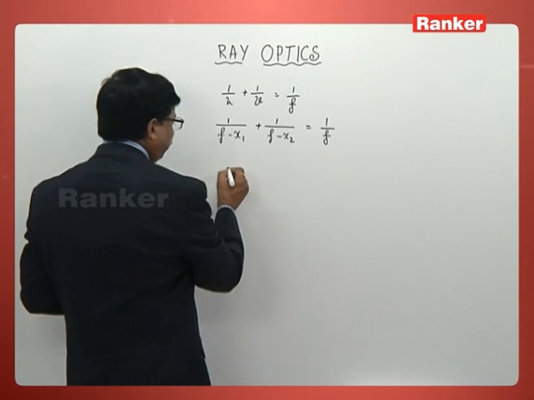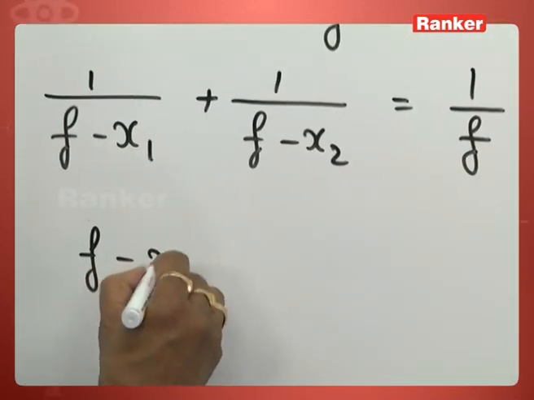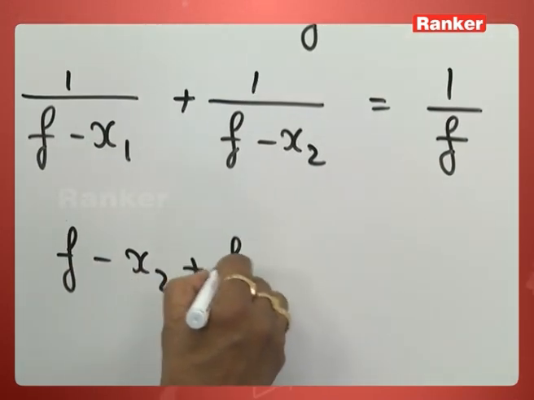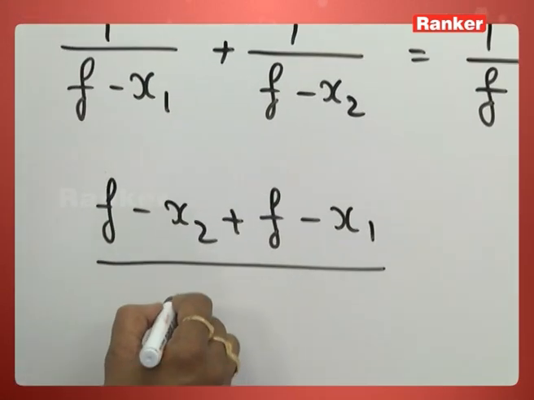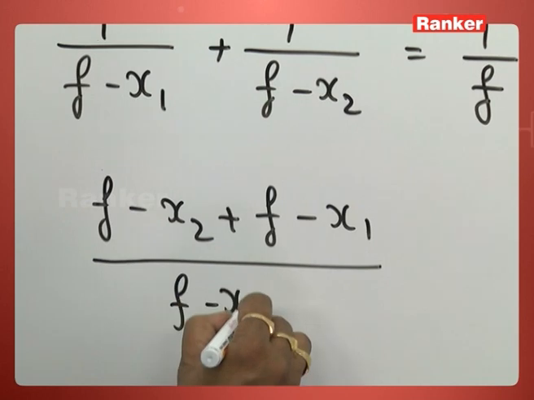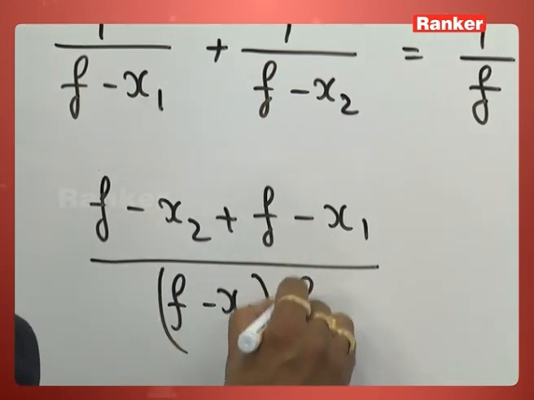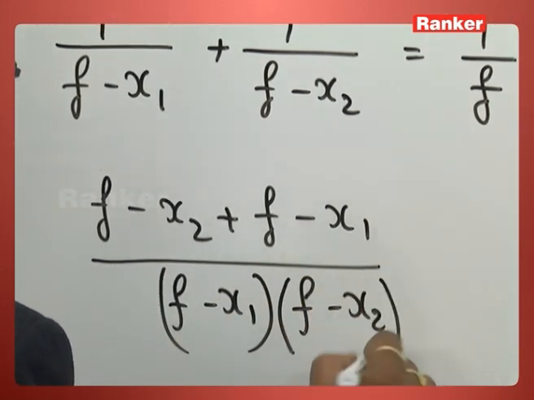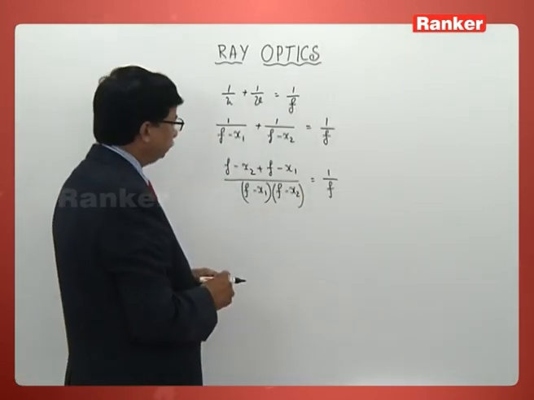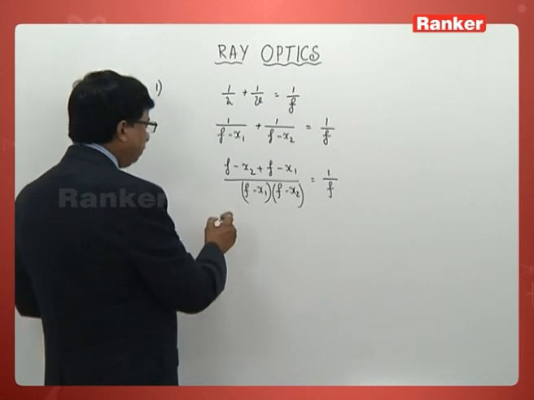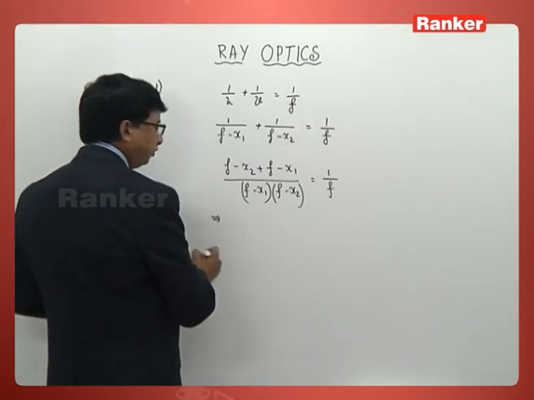Now if you rewrite the same this way, (f minus x2 plus f minus x1) whole divided by (f minus x1) into (f minus x2) is equal to 1 by f. Now simply cross multiply this equation first.